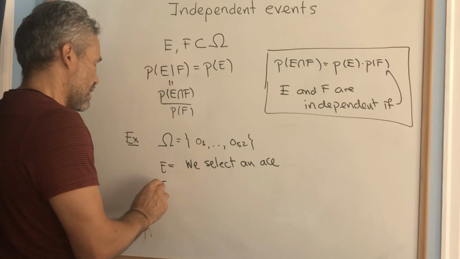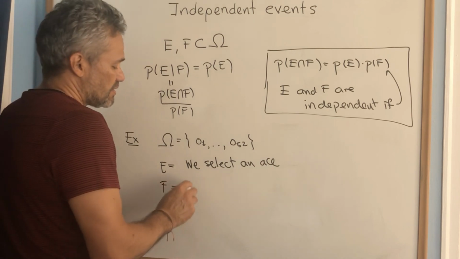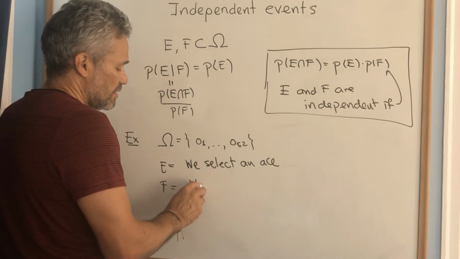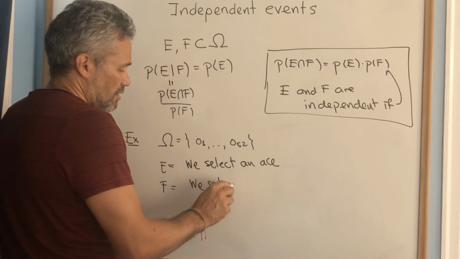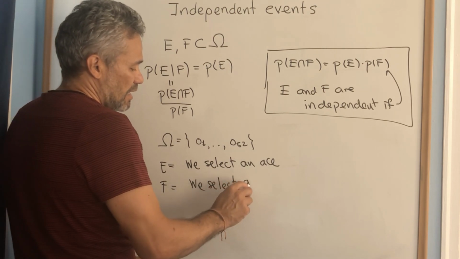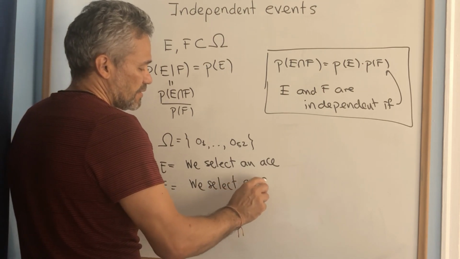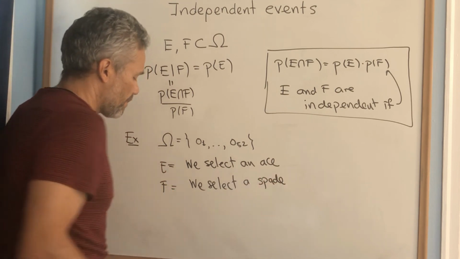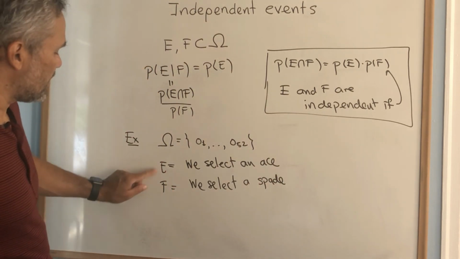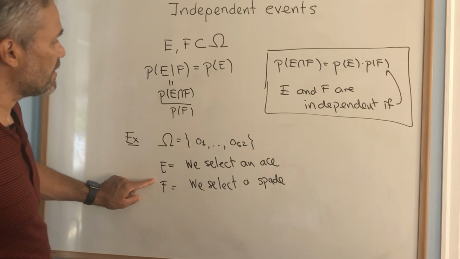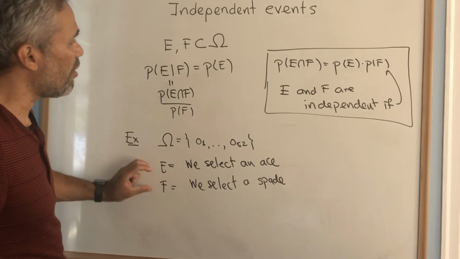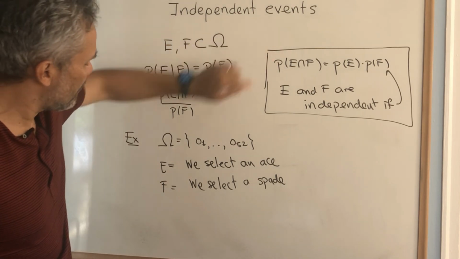And let's say F is the event that we select a spade. Then we can check that these two events are independent. Sometimes it's not so obvious, but then we can use the formula.